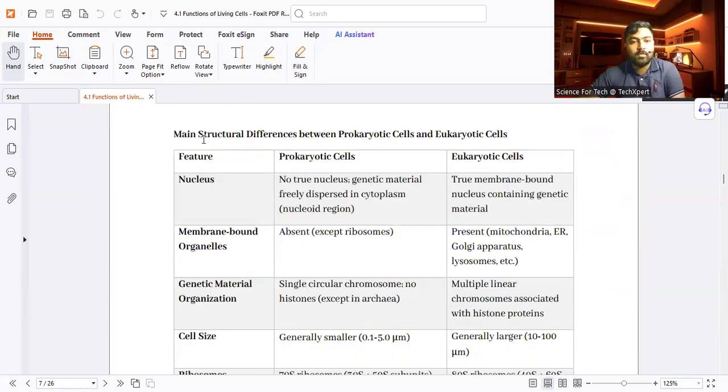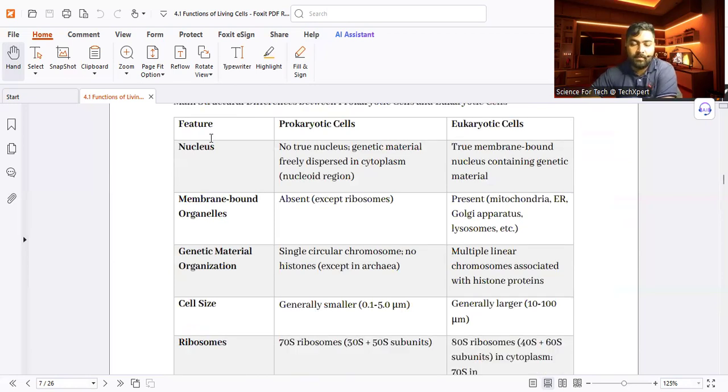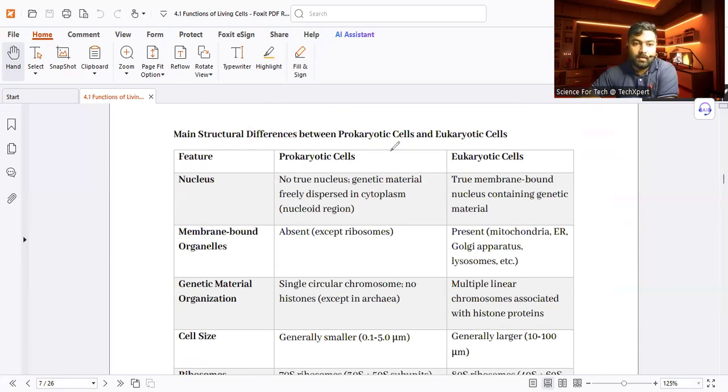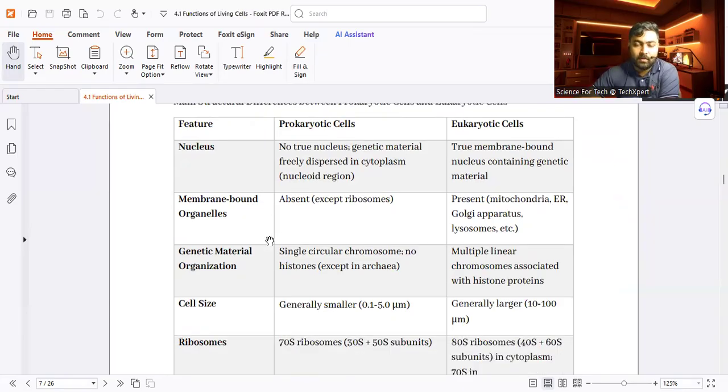Okay, then let's move to the main structural differences between prokaryotic cells and eukaryotic cells. First one is the nucleus. Highlight this point. In prokaryotic cells there is no true nucleus, but we can see genetic material freely available in the cytoplasm.